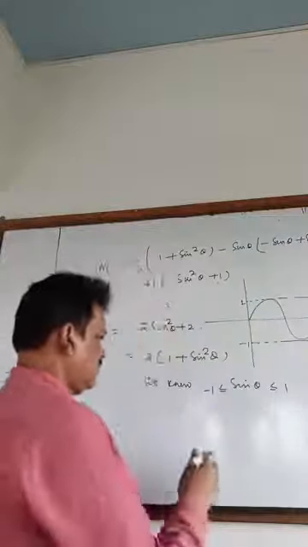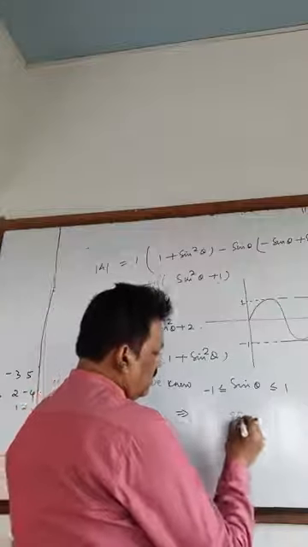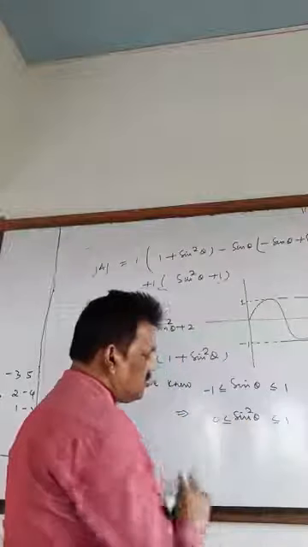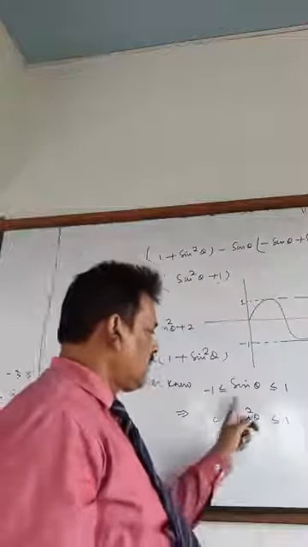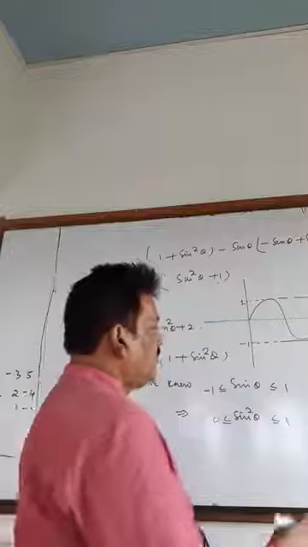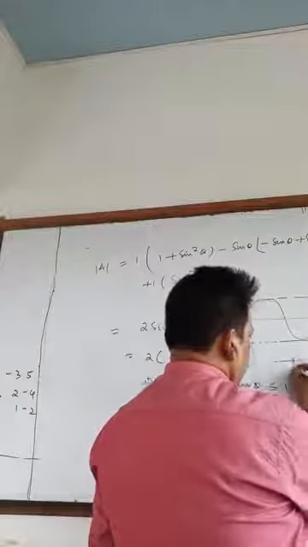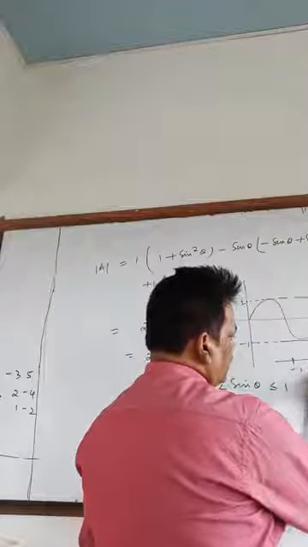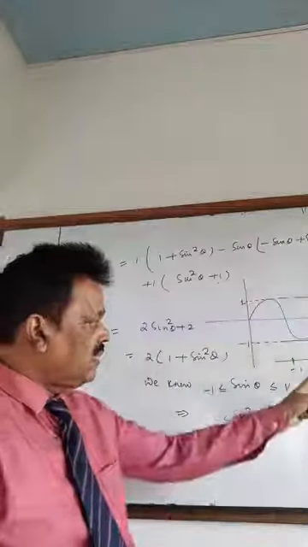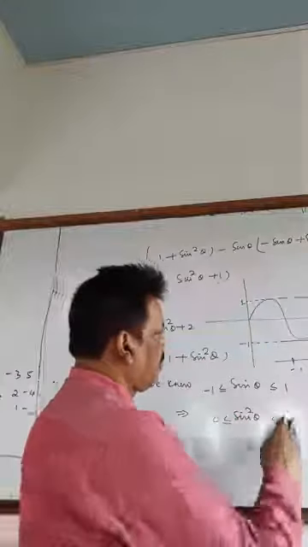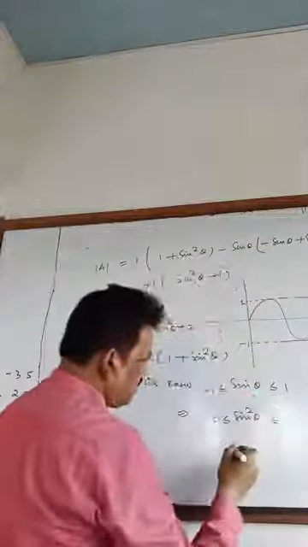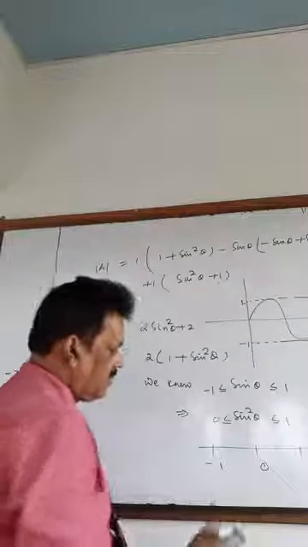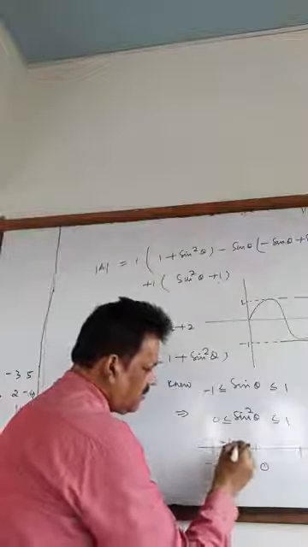But this implies sine square theta lies between 1 and 0. So why 0? Because square of any number will be positive. On the graph, it's minus 1, 0, 1, and this side is negative value.